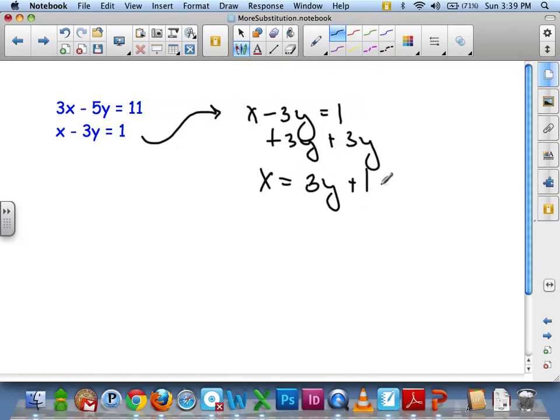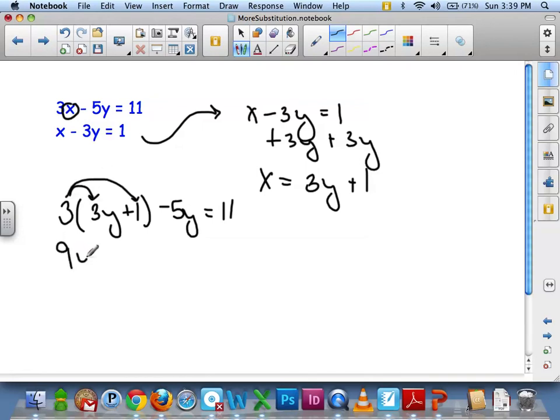So this portion over here, this 3y plus 1, is what I'm going to replace x with in the first equation. So I'm going to have 3 times (3y plus 1) minus 5y equals 11. I'm going to distribute that 3 again. So I get 9y plus 3 minus 5y equals 11.